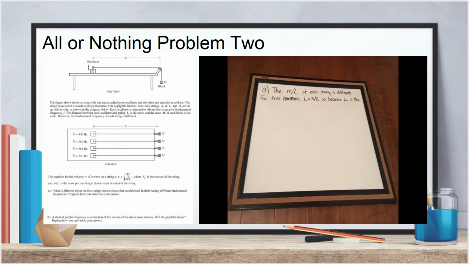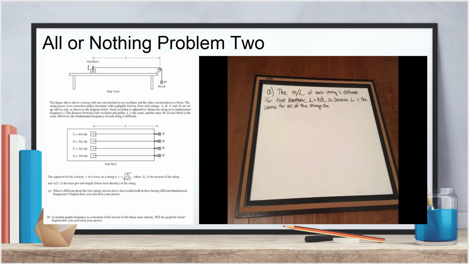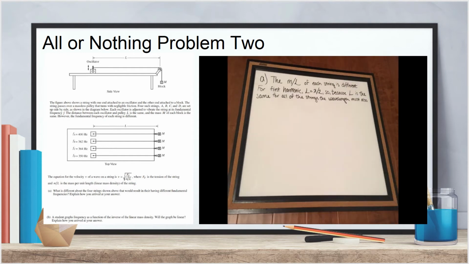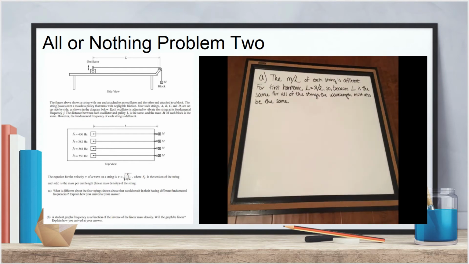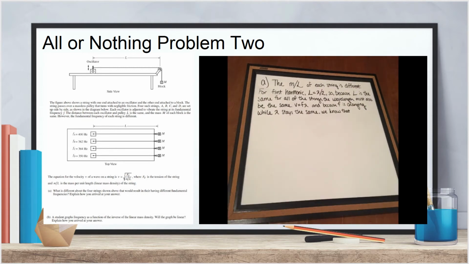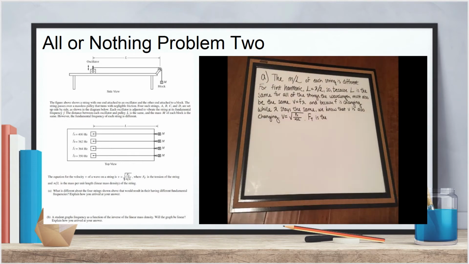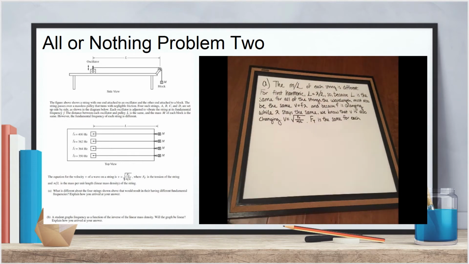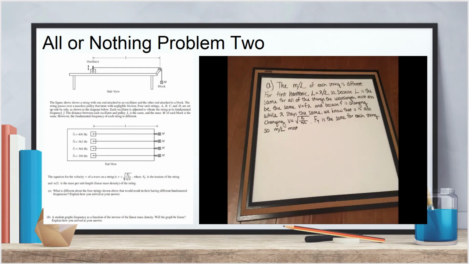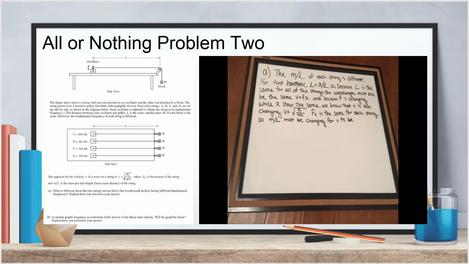So, because L is given to be the same for all the strings, the wavelength must also be the same. v is equal to f times wavelength, and because f is changing while wavelength stays the same, we know that v is also changing. They give us that v is equal to the square root of force of tension over m divided by L. Force of tension is the same for each string, so the m divided by L must be changing for v to be changing.